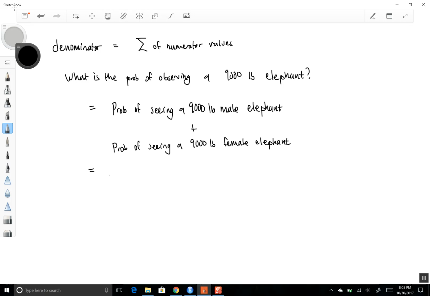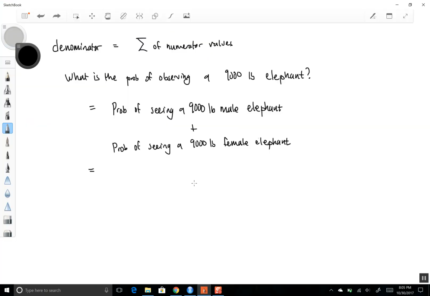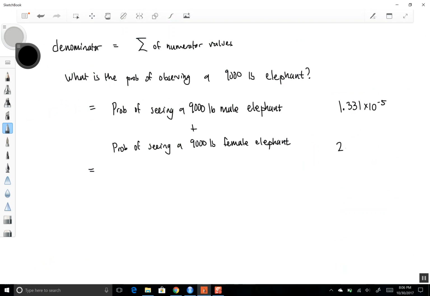So the total probability of seeing a 9,000 pound male elephant, this is equal, from our previous slide, is 1.331 times 10 to the negative 5. And the other one is 2.349 times 10 to the negative 5.